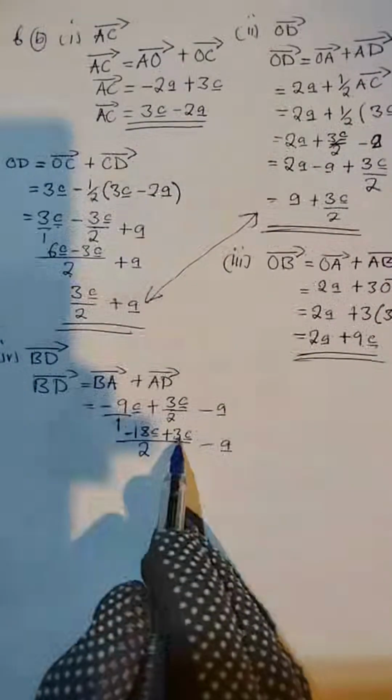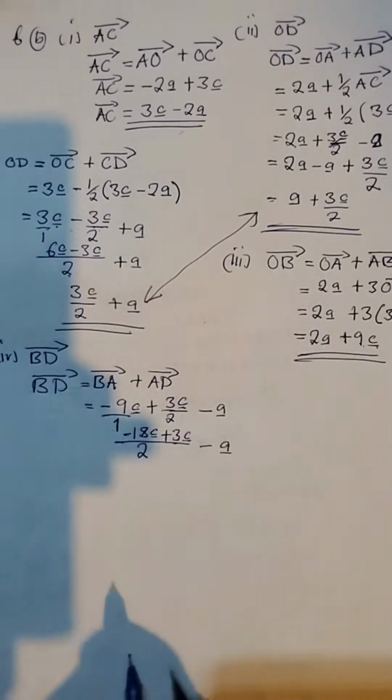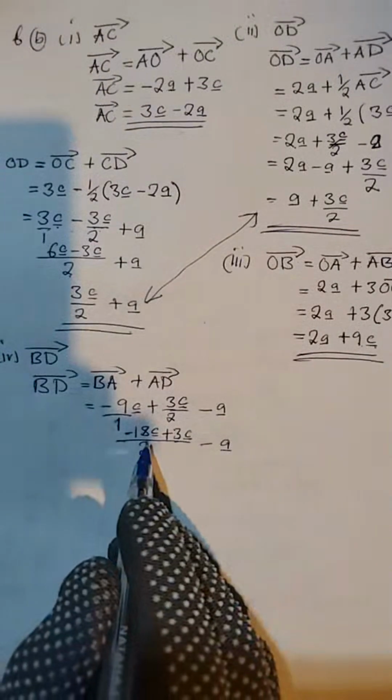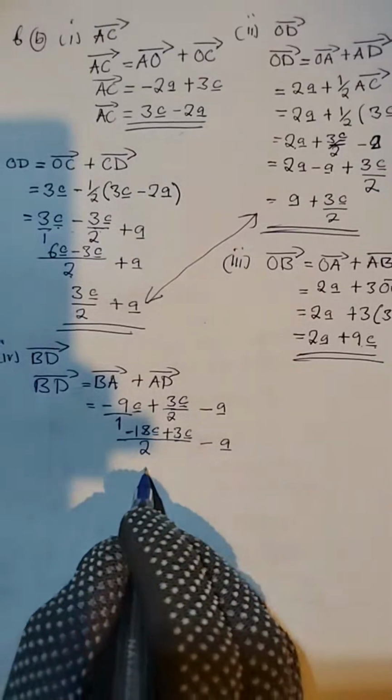Negative 18 plus 3. You should know integers by now. So here we're going to subtract and then get the sign from the bigger number, since they are of different signs. So when you subtract 18 minus 3 is 15.